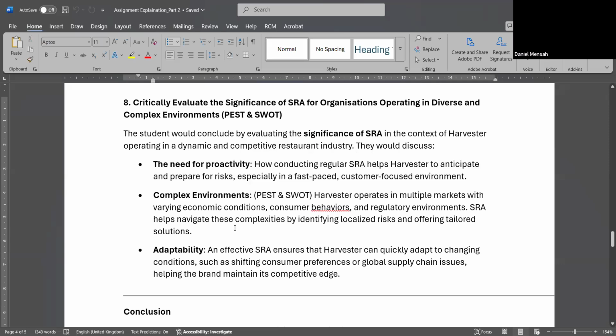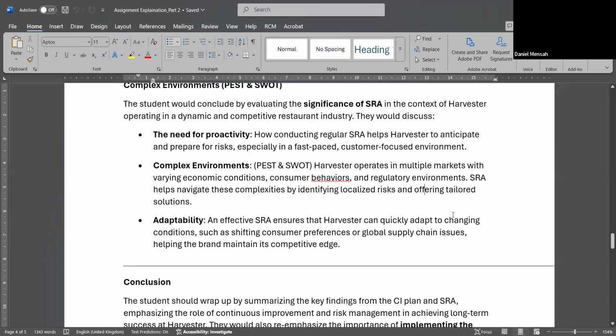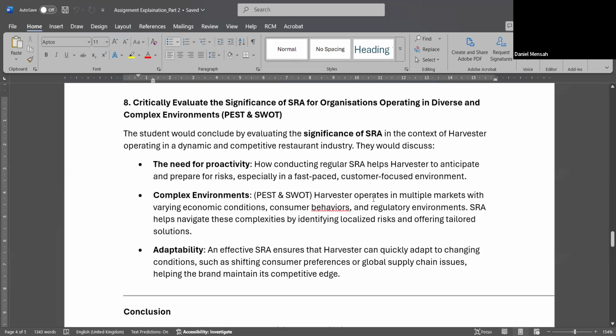Then complex environment, as I mentioned earlier, it operates in multiple markets with varying economic conditions, consumer behavior, and regulatory environments. This is clearly relevant. These elements are related to the PEST framework. So SR helps navigate these complexities by identifying localized risks and offering tailored solutions.